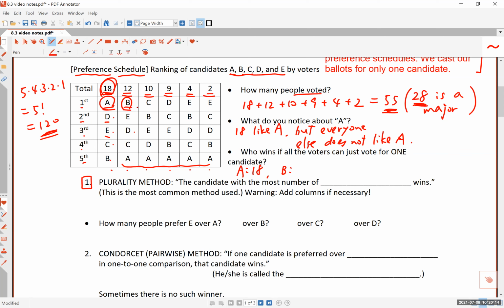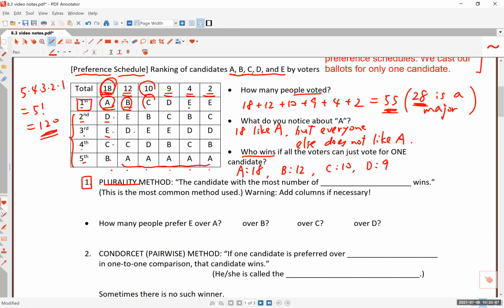Now, for B, you're counting how many people would vote B to be their best candidate. At this point, under the plurality method, these rows really don't matter. The only thing that matters is the first row, because everybody is going to write just one name, and that name will be their first ranked candidate. So 18 people will choose A, 12 people will choose B, C has 10 people, and D will be written by 9 people.